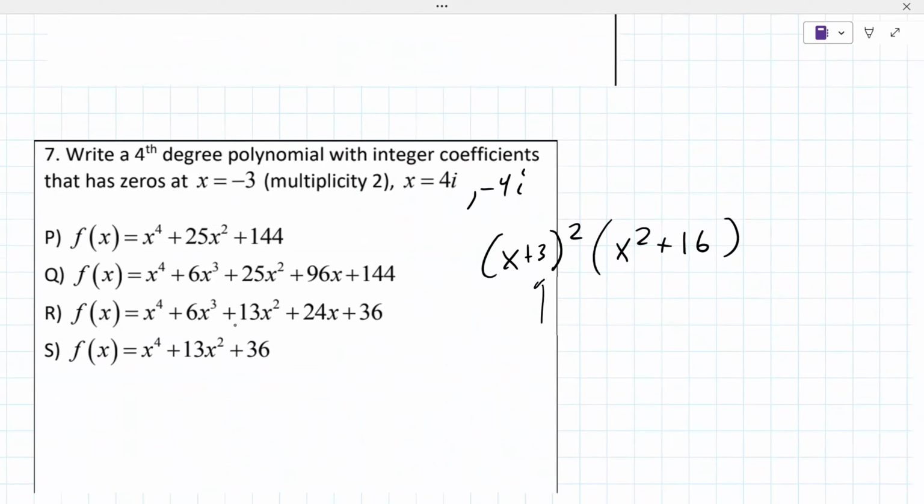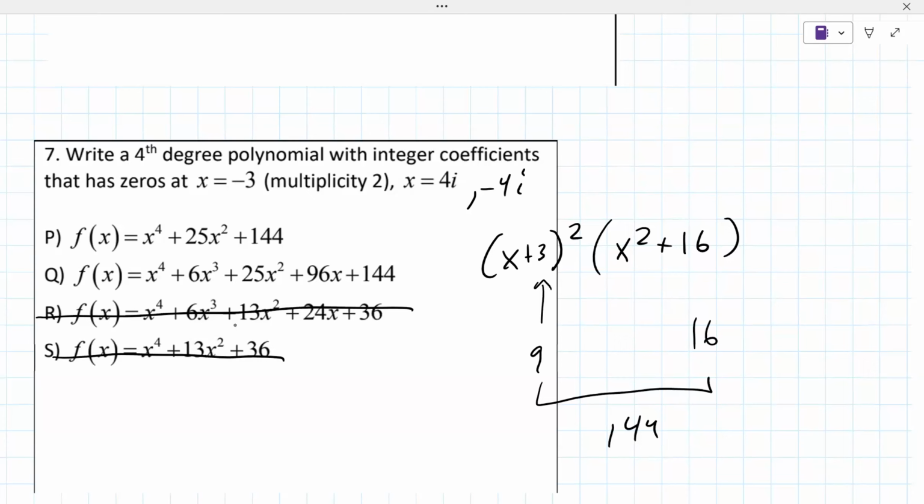So the 3 squared becomes a 9 times the 16 becomes 144, which gets you down to those two. You've got to find some places to save some time on the tests, and this would be one of them.